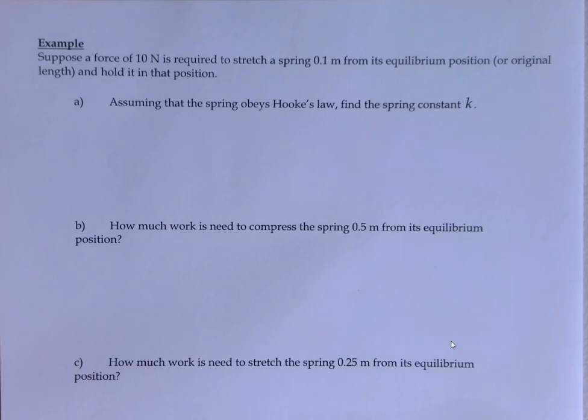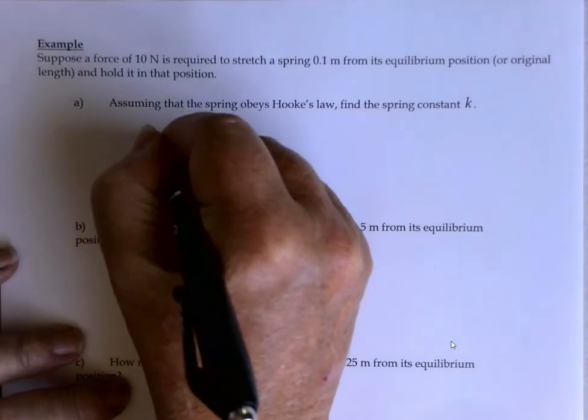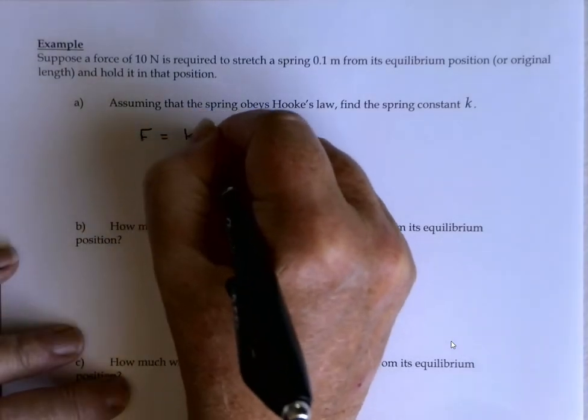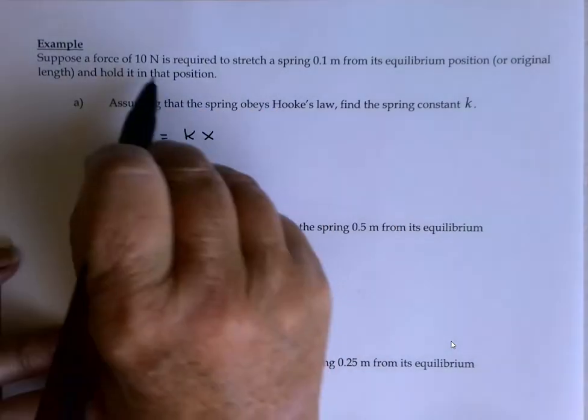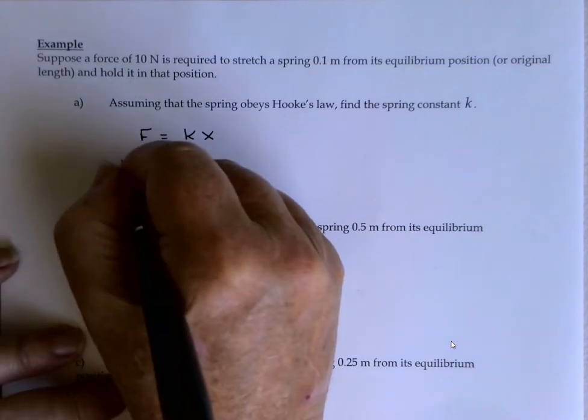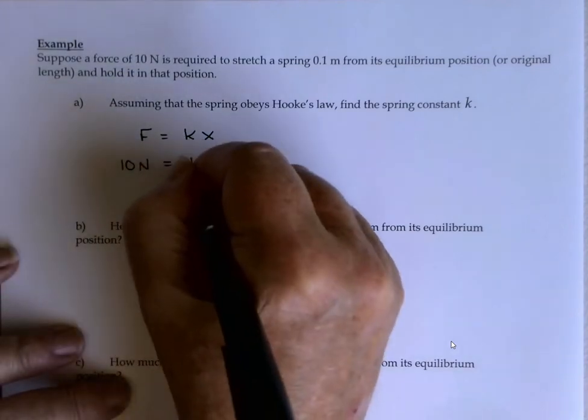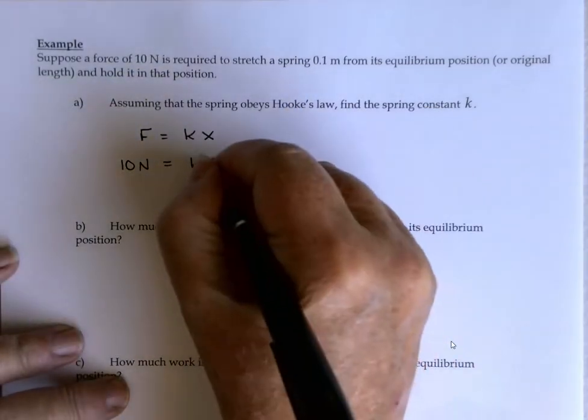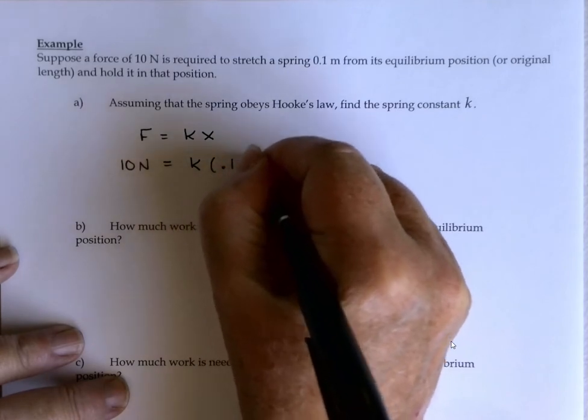Assuming that the spring obeys Hooke's law, first of all, let's find the spring constant, K. So we know F is equal to Kx. In this case, we were told that when the force is 10 newtons, the stretch is 0.1 meters.